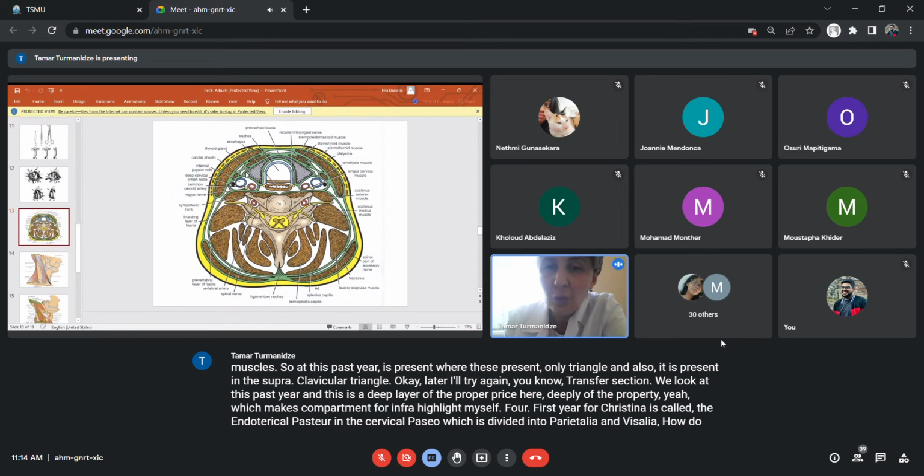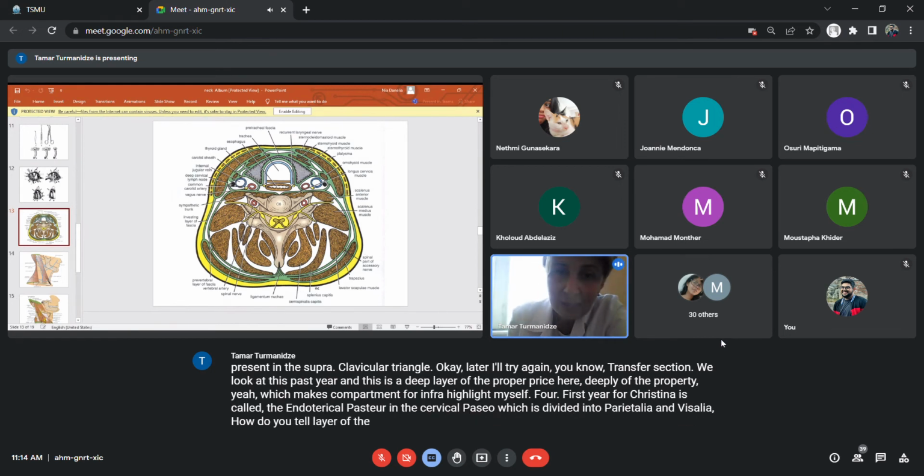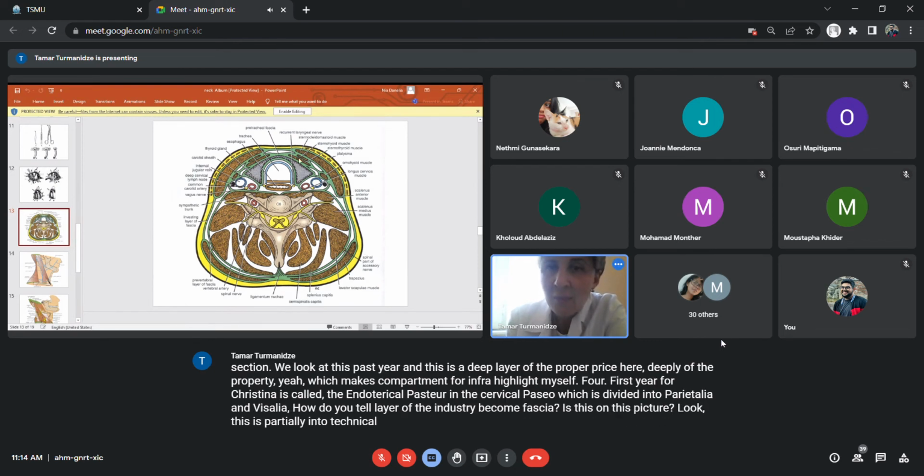The parietal layer of the endocervical fascia is this on this picture. Look, this is the parietal layer of the endocervical fascia.